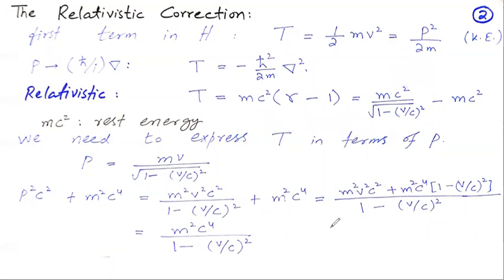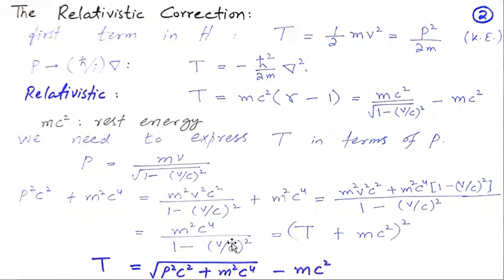This whole discussion will lead us to this expression, so this term is equal to T plus mc square, whole square. And if I take the square root on both sides, the square will vanish, and if I take mc square to the left, then I will be able to write kinetic energy in terms of momentum.